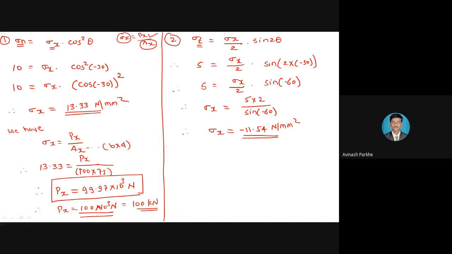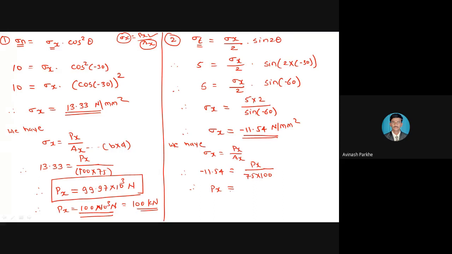Now, again, we are having the same formula. Sigma x is equal to px upon ax. So sigma x, minus 11.54, is equal to px. We have to calculate ax again, 75 into 100 or 100 into 75. So px value by using the shear stress formula.